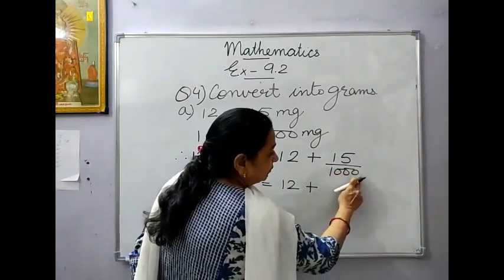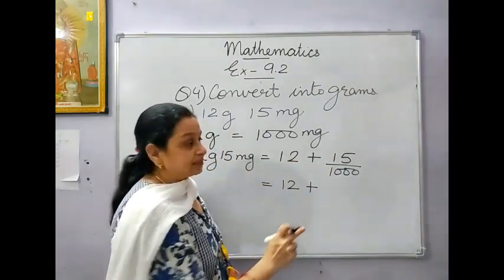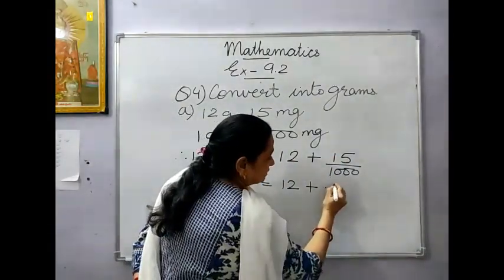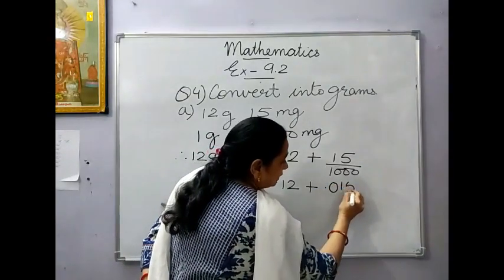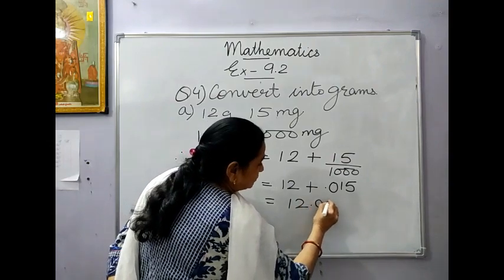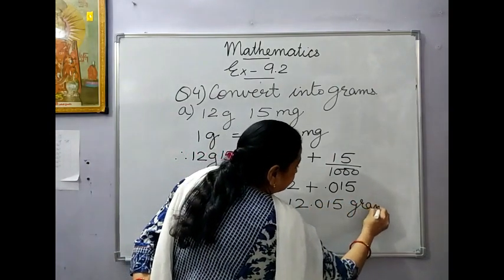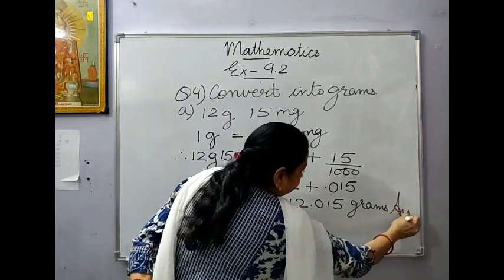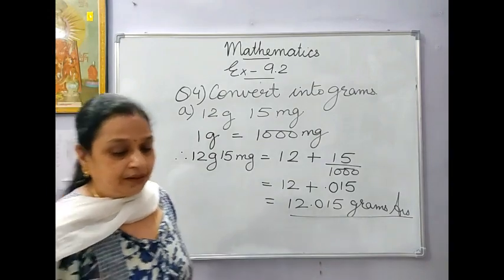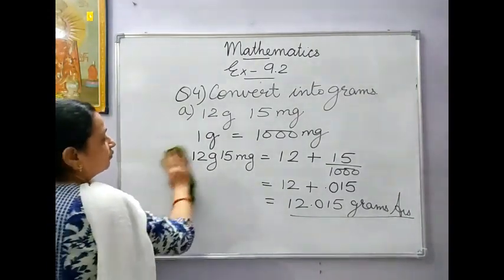Now see how many zeros are there? 3 zeros. That means there should be 3 decimal places, but we have only got 2. So we put the decimal, put an extra 0, like this. Now you add it, it becomes 12.015 grams, which is your answer. Okay? Just have a look. Now we move on to the next one.